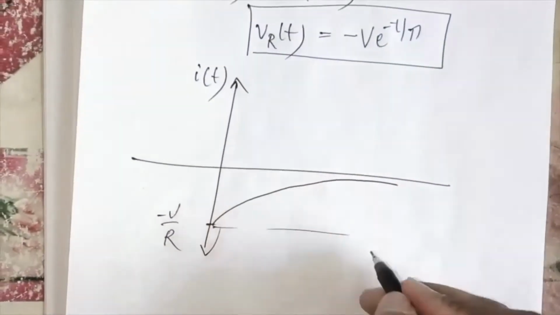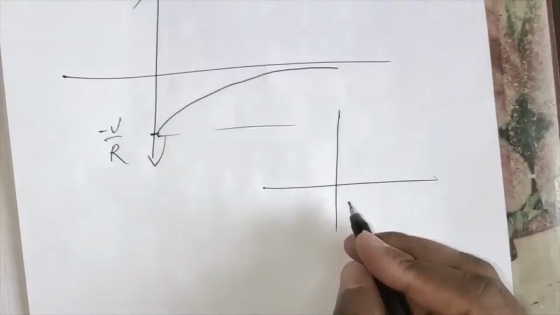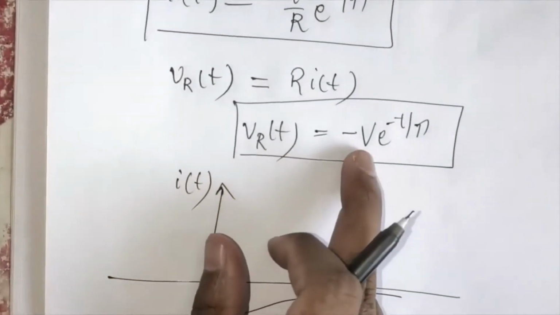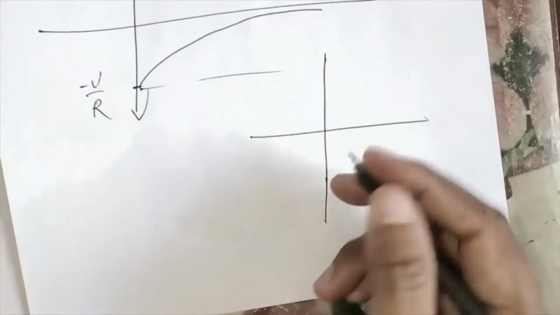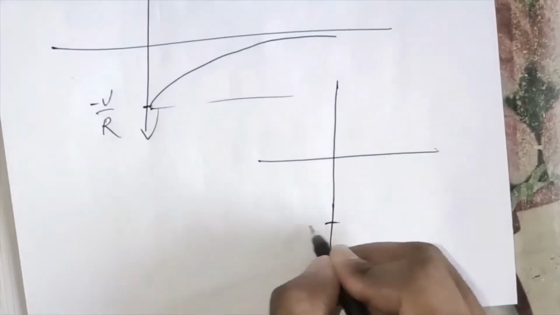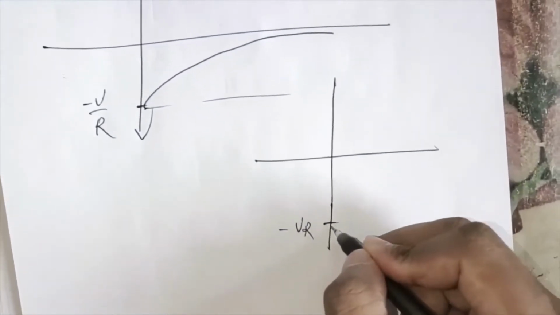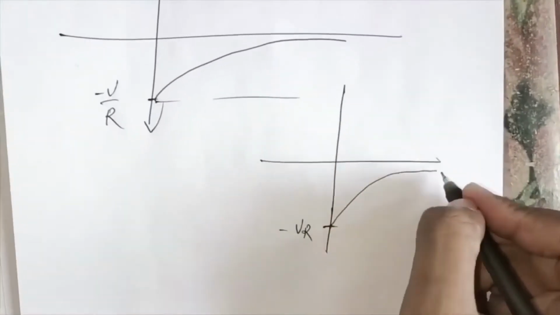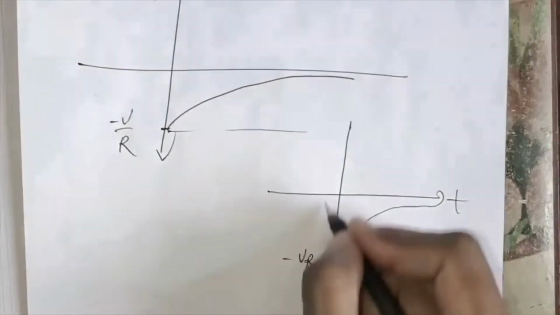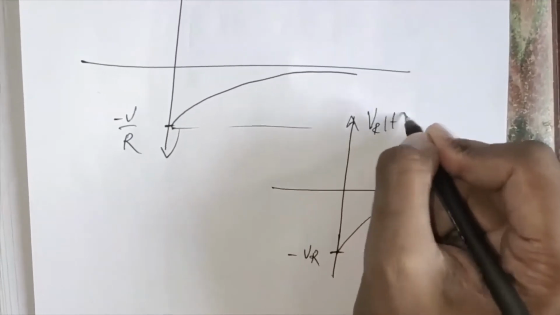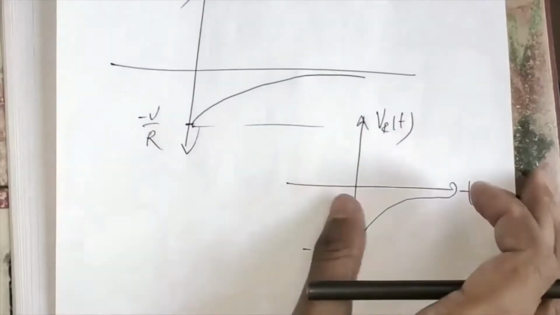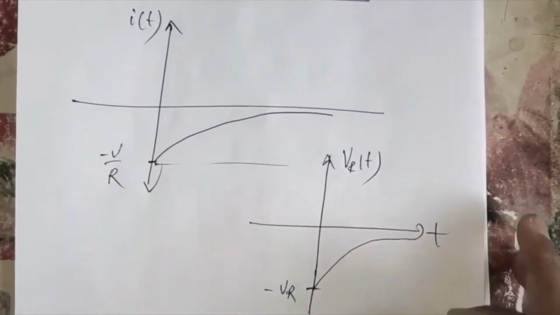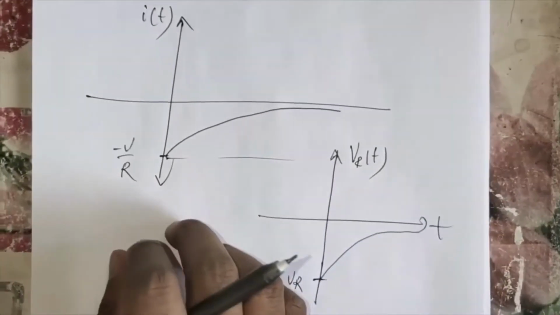If I draw the response for VR of t, the steady state value is minus V. So this is minus V, but it is slowly approaching 0. This is the derivation of the expression for the source-free series RC circuit and their responses.